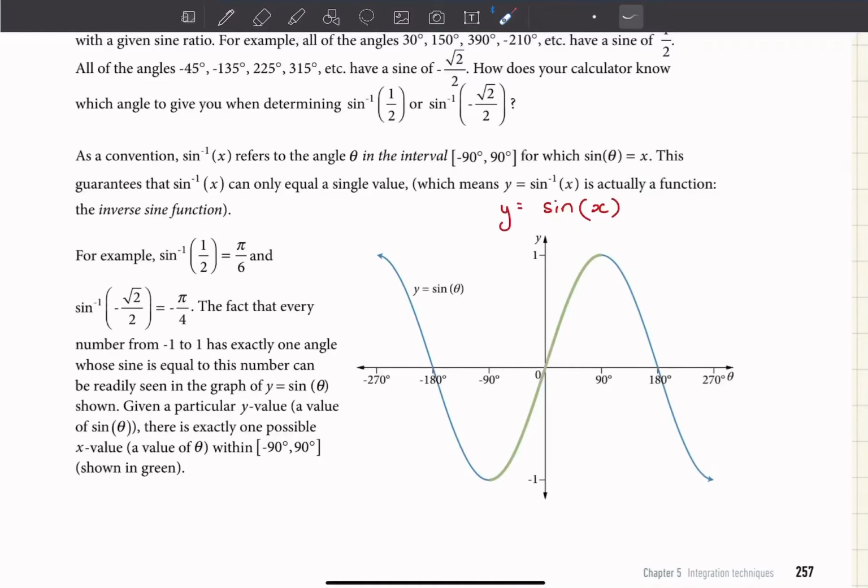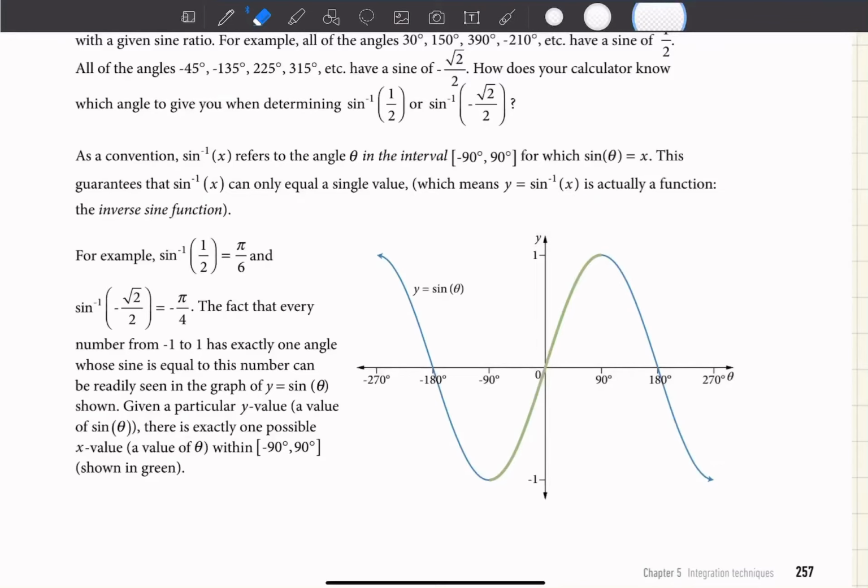For example, if y is 1, we could be looking at 90 degrees, we could be looking at 270 degrees, etc. Okay, and there would be infinitely many points for x that have a y value of 1. So y equals sine x is not a function, that's just a relationship.